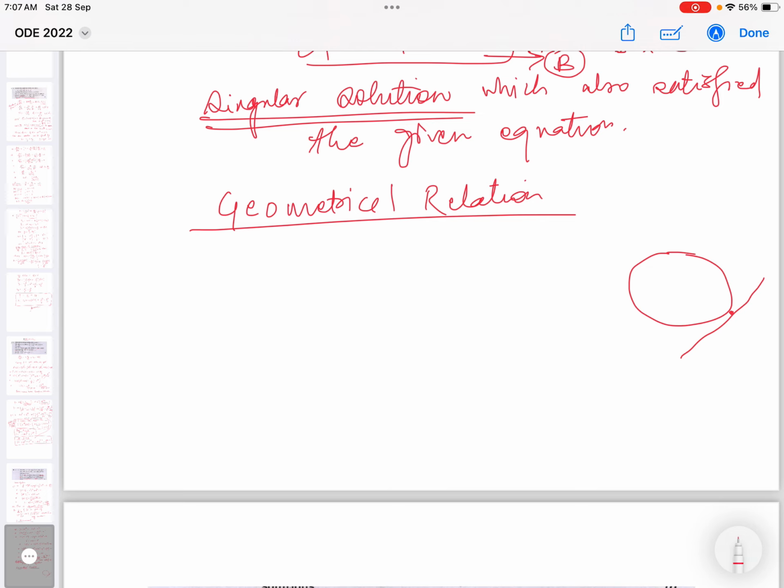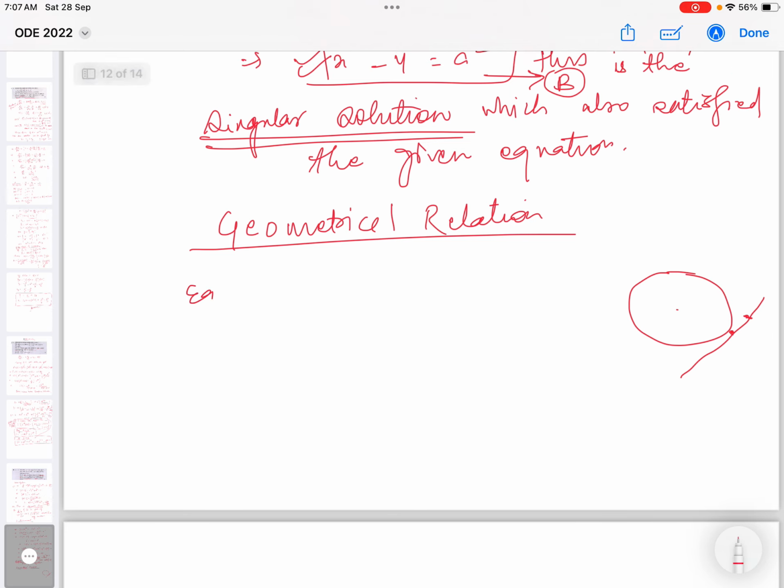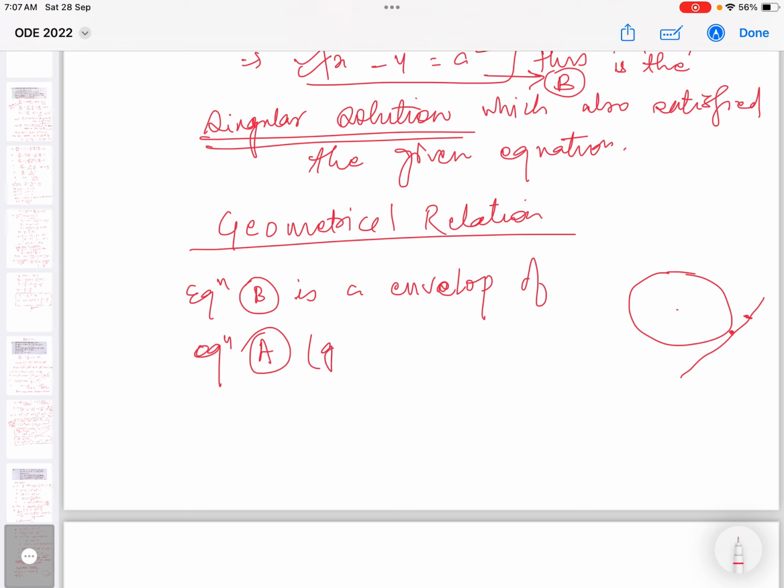Through the general equation of the circle, a straight line can always be found which is tangent to this circle, so we say this straight line is enveloping the circle. Similarly, the singular solution, equation B, is the envelope of equation A, the general solution. That is what we need to show.